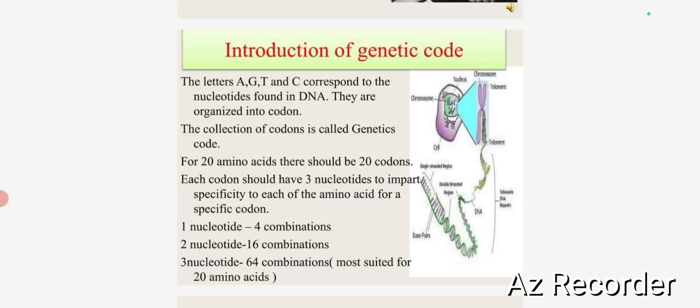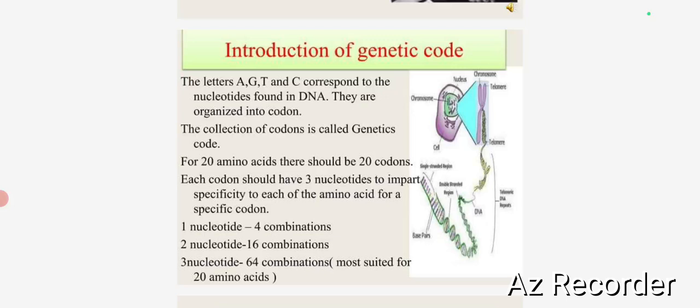For 20 amino acids, there should be at least 20 codons. Each codon should have 3 nucleotides to impart specificity to each amino acid for a specific codon.